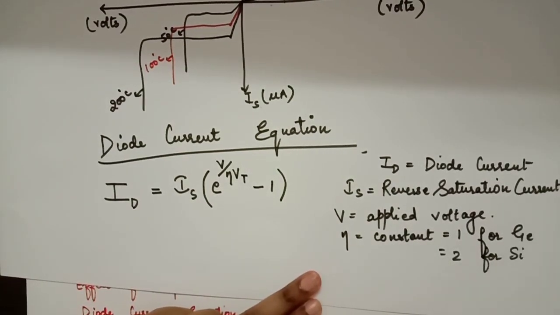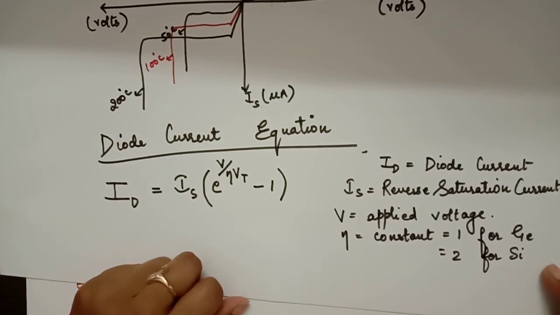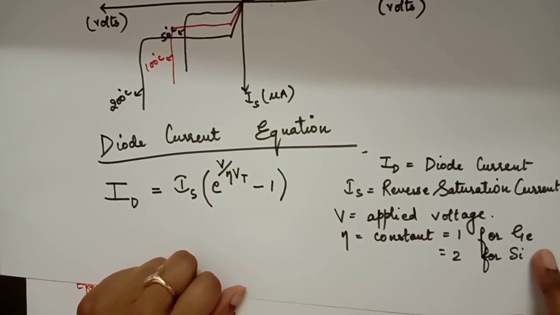So depending upon which diode you are given, made up of silicon or germanium, you can put the values. If you are given nothing in the exam, then you can put 1.